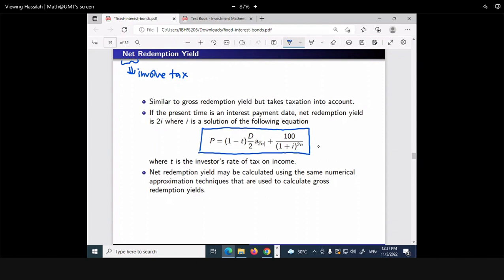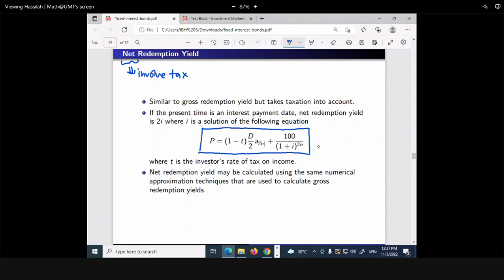Looking at this one, kenapa formula dia macam ni?